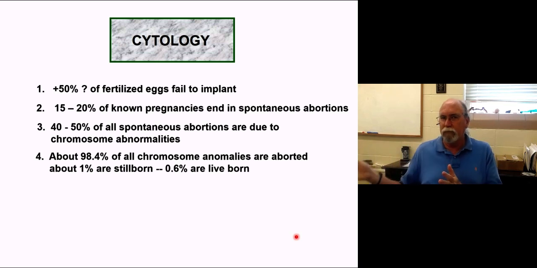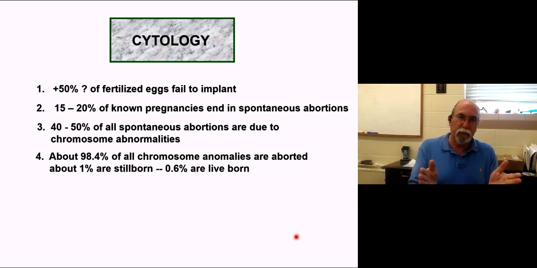Once you get past the 12-week mark, which is where most of the spontaneous abortions occur, toward 20 weeks, you have a much greater chance that you'll make it. But after 20 weeks, it's called a stillbirth, right? Because they're much further along in development, but they're not able to function as living humans when they become air breathing.